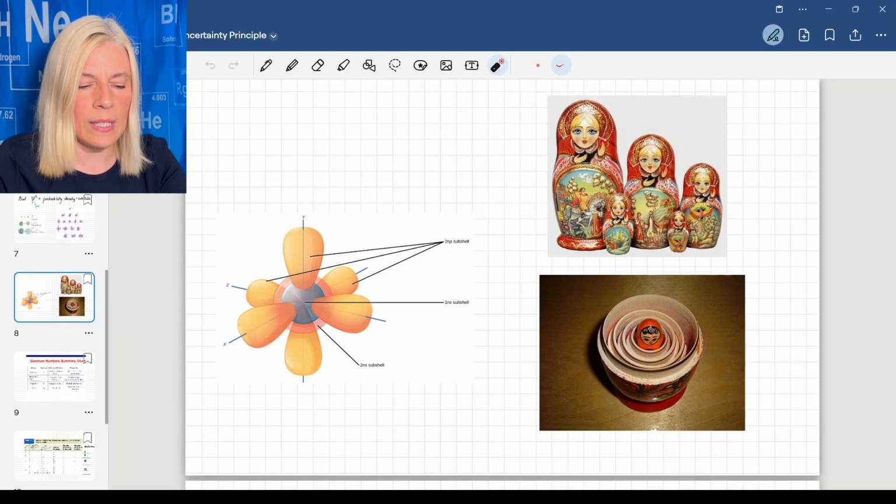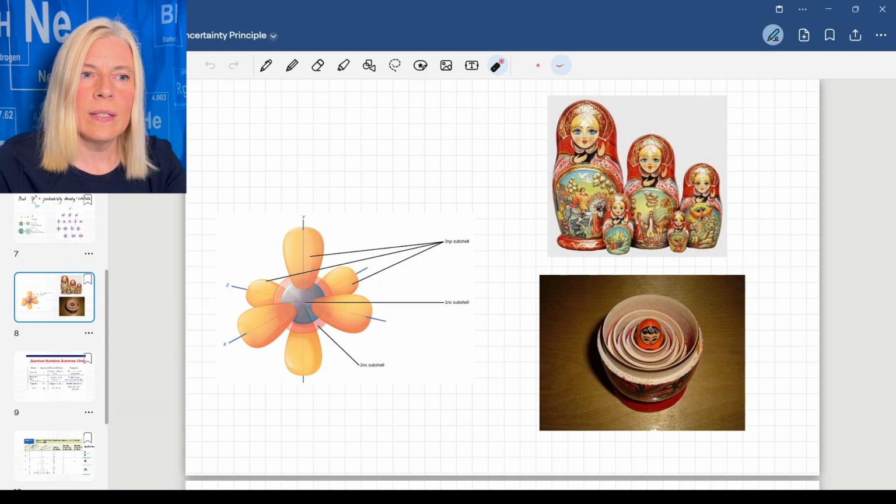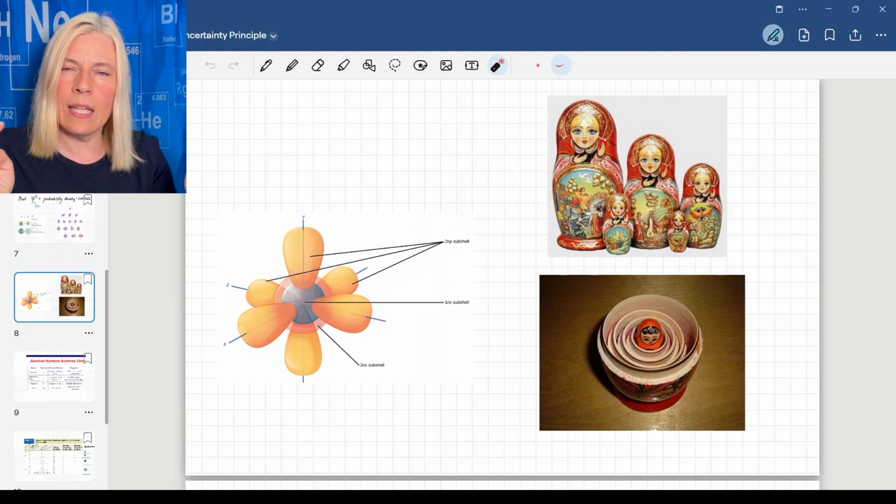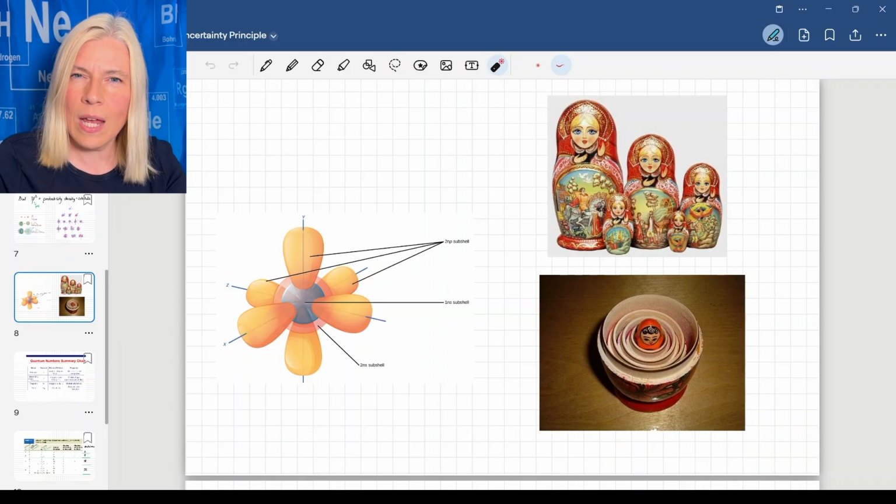So he says, aha, this math tells him that Niels Bohr was not completely off. Remember, his model still works for hydrogen. So the orbits are wrong, but these energy layers stacking into one another are correct.